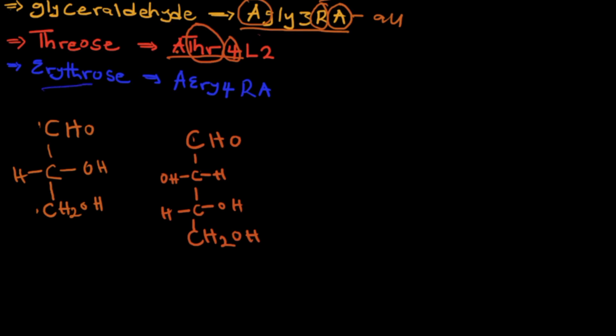So next one is erythrose, right? This is erythrose. So I know my aldehyde functional group will be something like this. This is my aldehyde backbone. Then eri refers to erythrose, 4 carbon, meaning it has 4 carbons. So I have 1 already, 2, 3, and the last one attached.